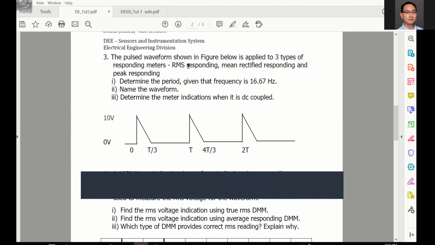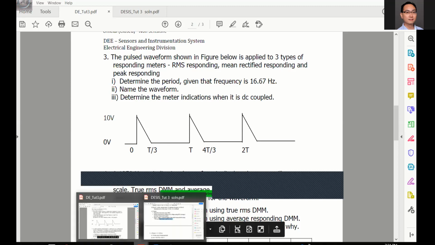So you got the RMS one, you got the other type, mean rectified responding, and then the peak responding meter. So you are supposed to do this for each individual type. You calculate all the 3, right? So if we look at the solution, let's take a look.